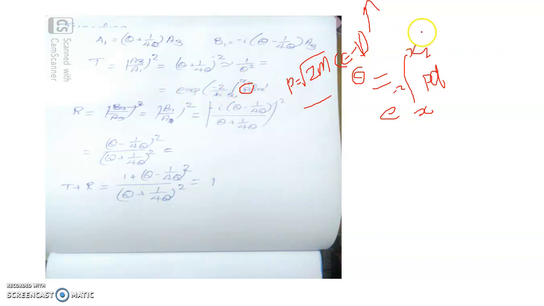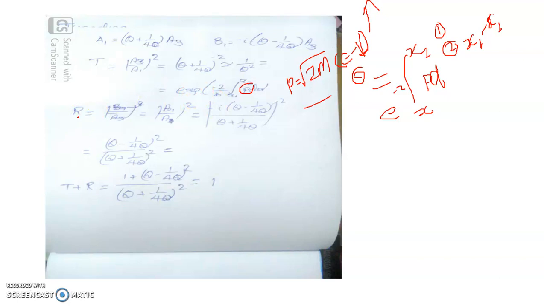So we conclude the transmission probability falls exponentially with, first, the height of the potential barrier, and number two, the width of the potential barrier from x1 to x2. So these are the two parameters that control the transmission probability for tunneling.